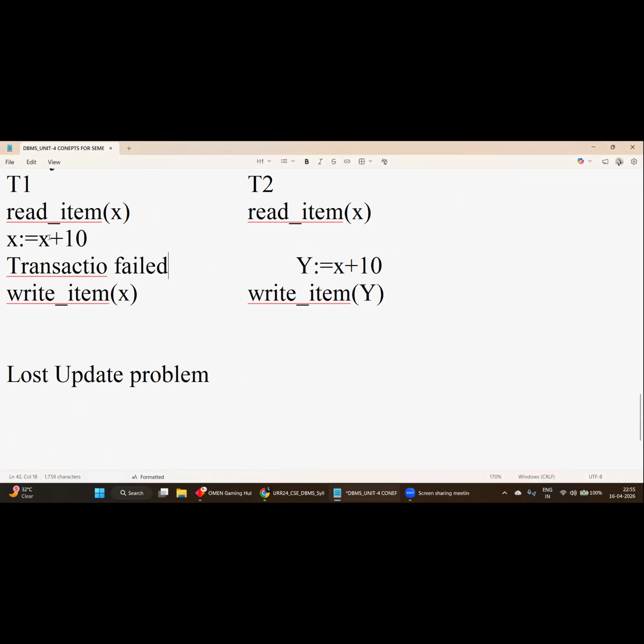Initially, let us take the X value as 5. Then we will get 15 as the result. So the modified X value is 15.